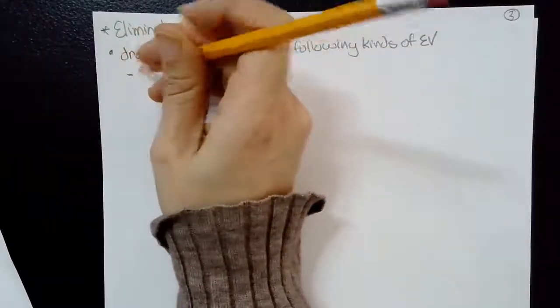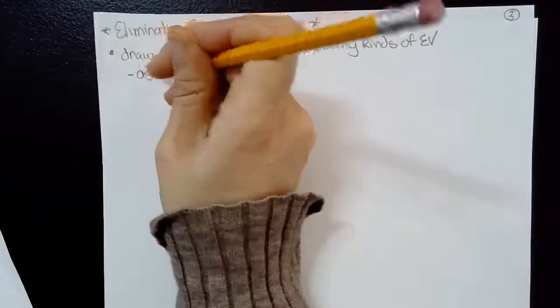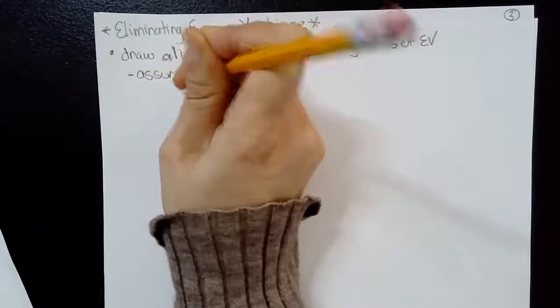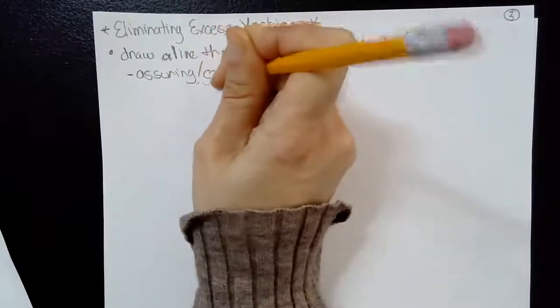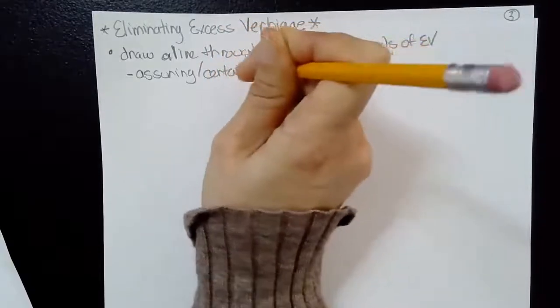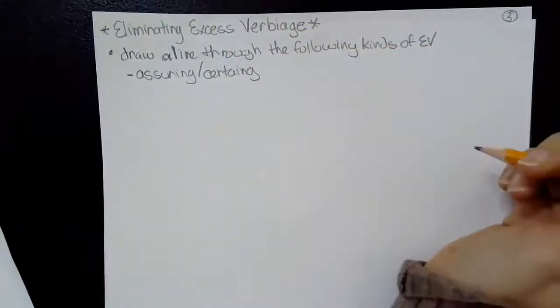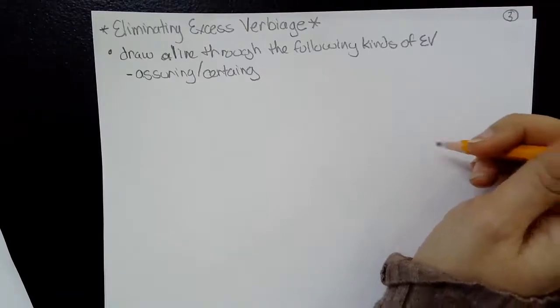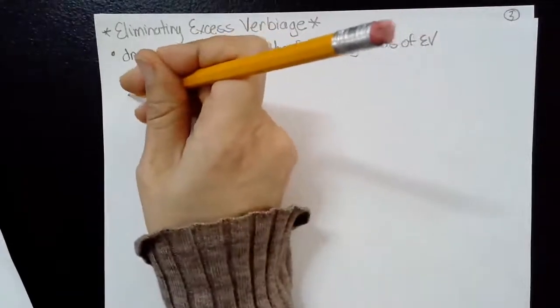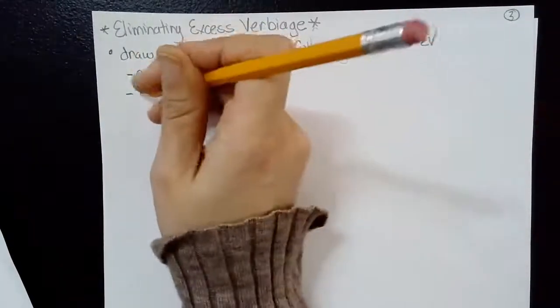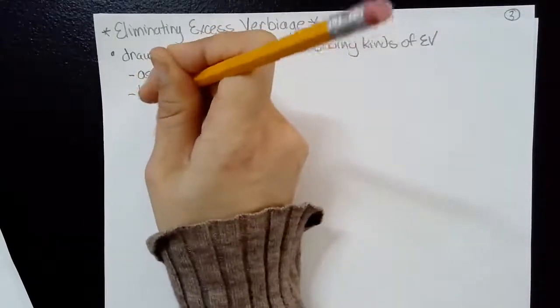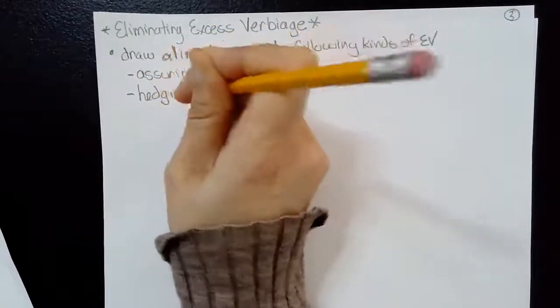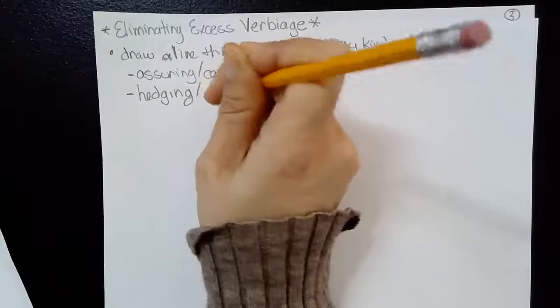Okay, so you'll remember that in your lesson you learned about assuring and certainty. So those are phrases or sentences that tell us that a speaker is very confident in what they're about to say. You have, what is the other one that you have? Hedging and doubt.